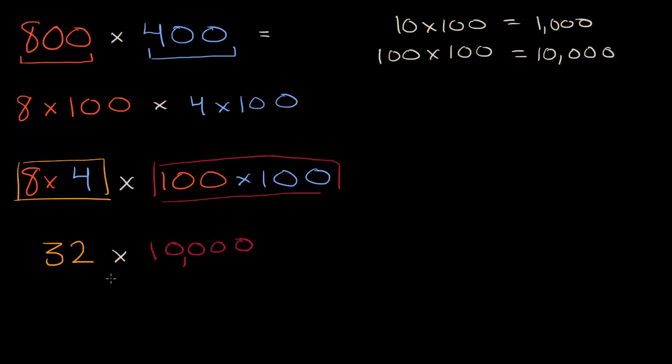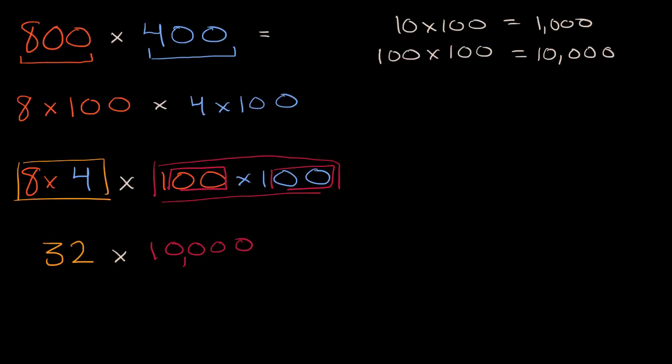So this stuff right over here is equal to 10,000. Now you might notice something interesting here. I have 2 zeros and then another 2 zeros, so I have a total of 4 zeros, and then I have 4 zeros here. Because every time you multiply by 10, you're going to add another 0. So if you're multiplying by 100, you're going to add 2 zeros. If you're multiplying by 1,000, you're going to add 3 zeros. And you see that here. So you have 32 times 10,000, which is going to be what?